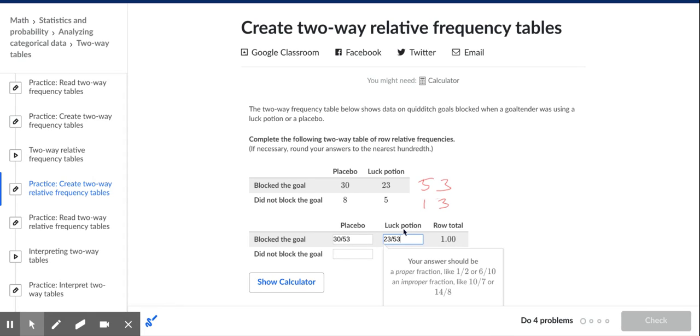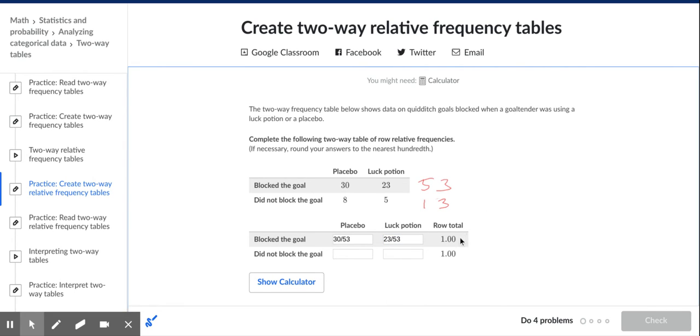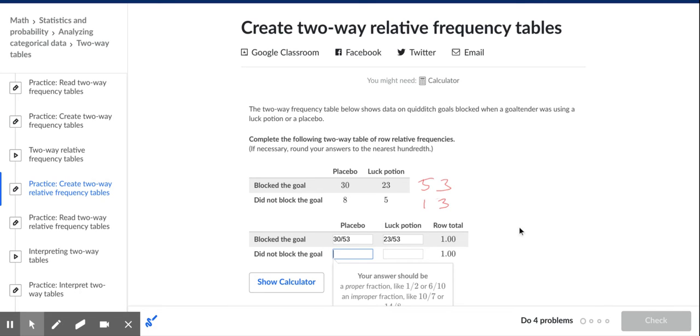It's pretty negligible, actually. So of the blocked goals, most of them were placebos, not luck potions, but it's negligible, like I said.